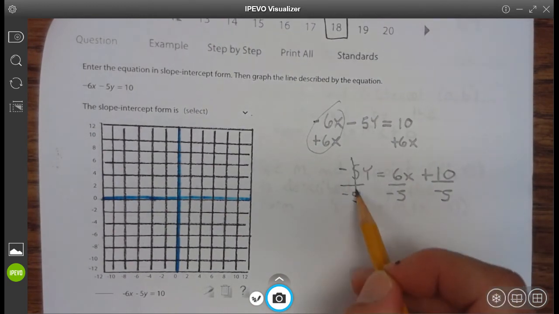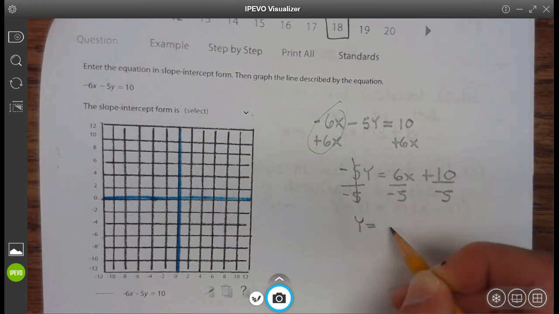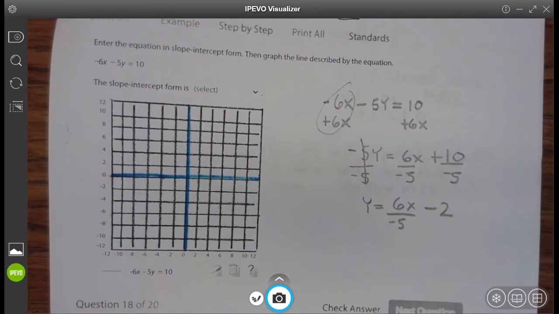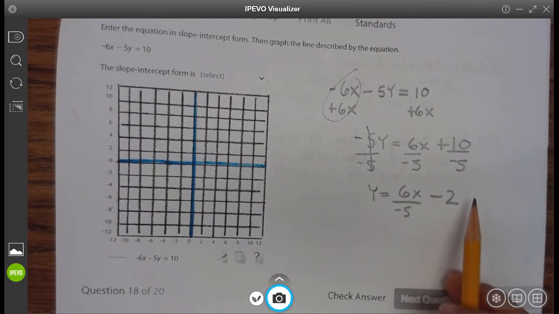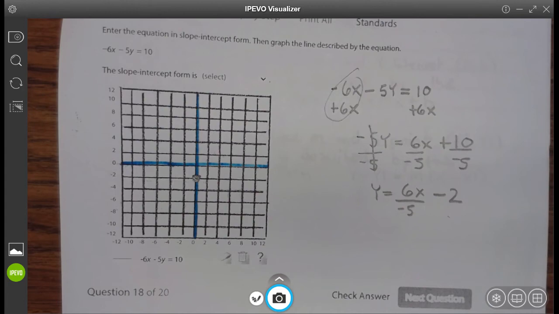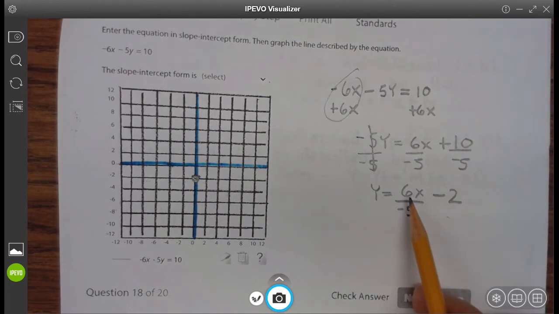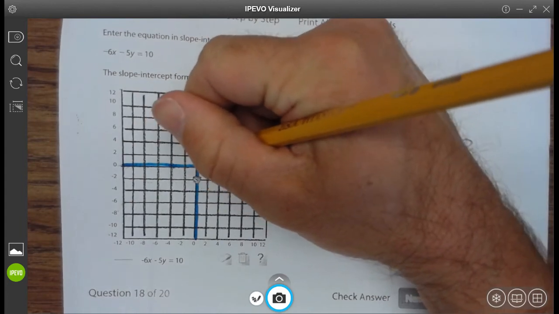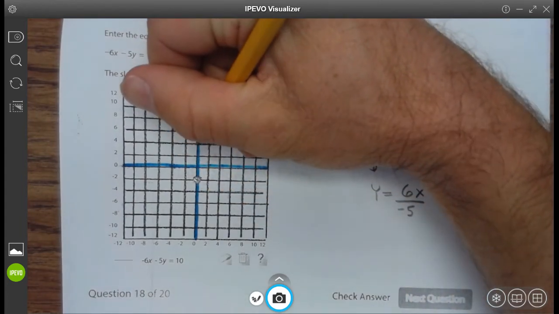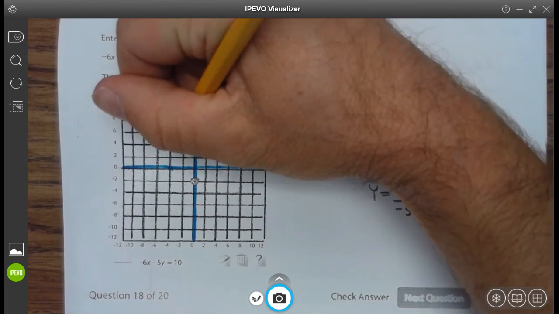Negative 5 divided by negative 5 is 1. You get y equals 6x divided by negative 5, and then minus 2. So we start at 0, negative 2. Now this tells us we go up 6 to the left 5. So we go up 2, 4, 6 to the left 1, 2, 3, 4, 5.